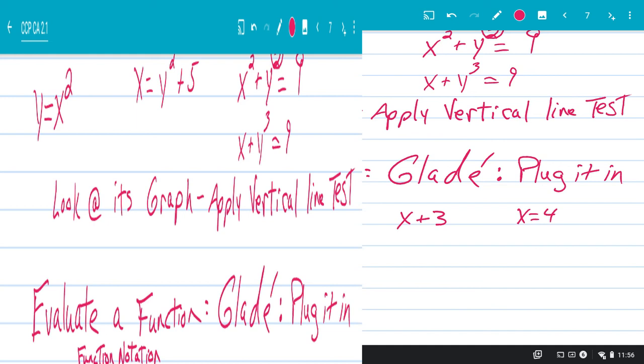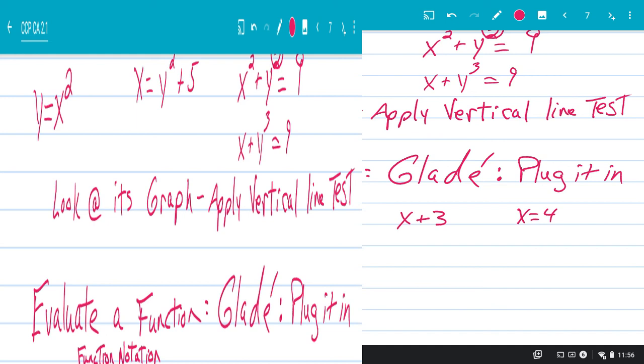You would have something like x plus 3, and your teacher would say, hey, if x equals 4, what would you do? You'd plug it in and say 4 plus 3 equals 7, right? Originally, that's how you started learning to plug things in.